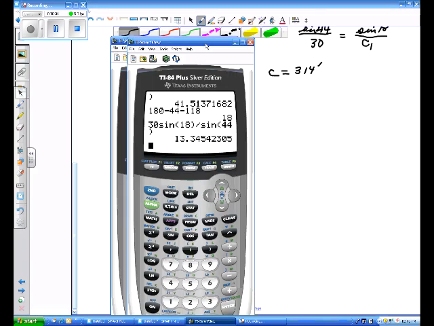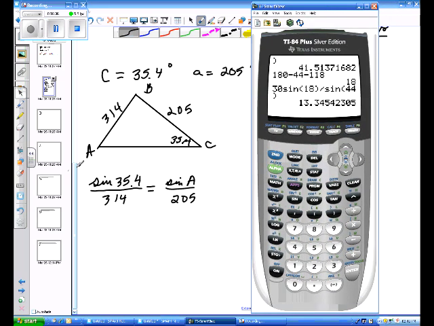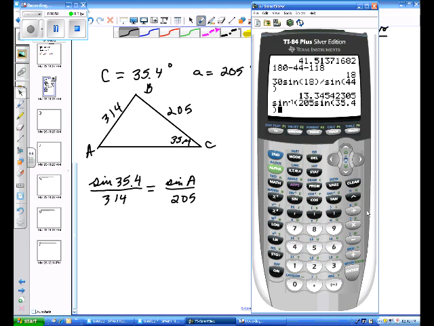And if you remember, you can go ahead and do your inverse sine. Let's try to do that. So let's do second sine because we're looking for an angle. So we get the product that we can, 205 sine 35.4 divided by 314. So we get that angle A is 22.2 degrees.